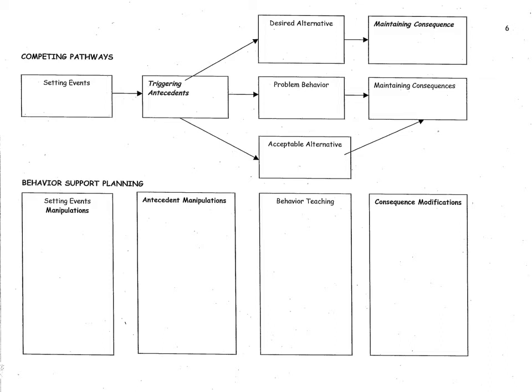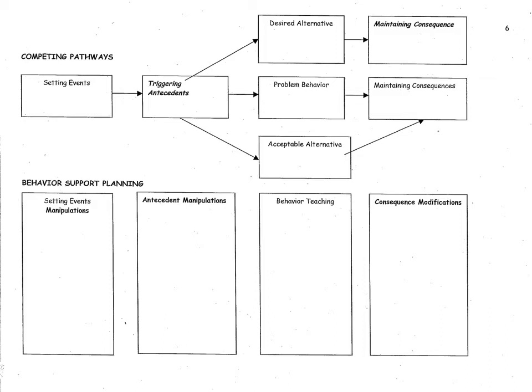And then the acceptable or alternative behavior must be the equivalent behavior, the functionally equivalent behavior of the problem behavior, because it's alternative behavior, and this alternate behavior should cause the same consequence as the problem behavior.